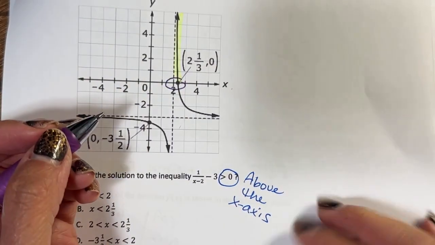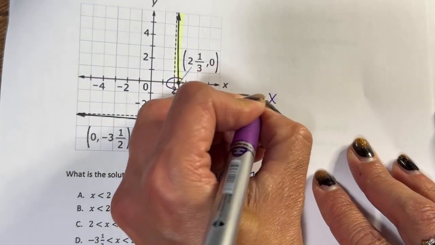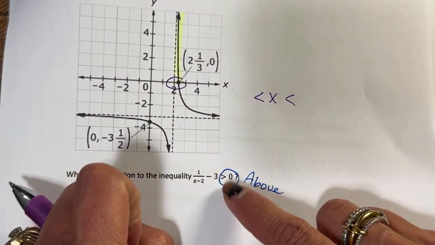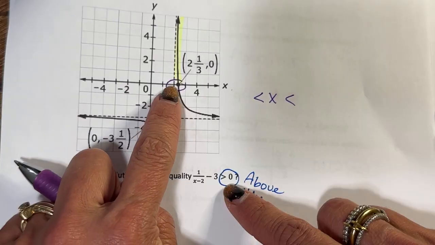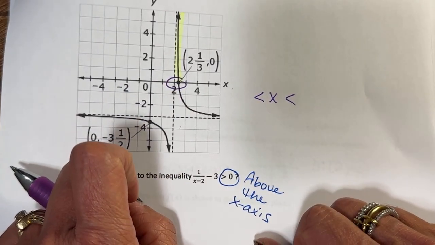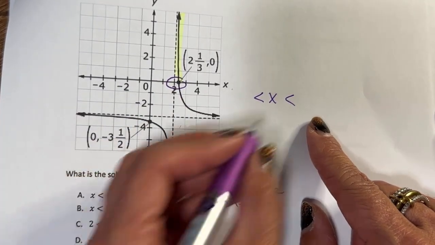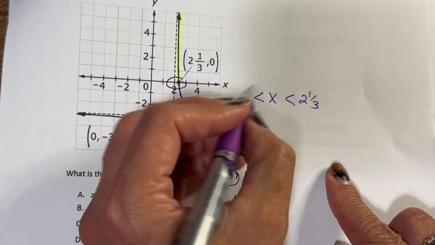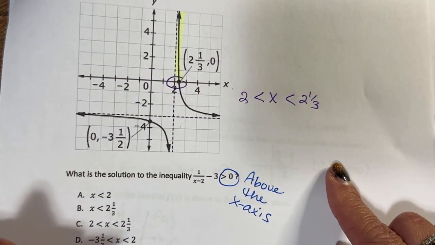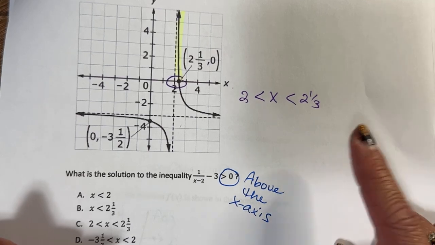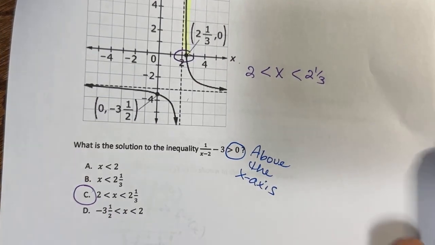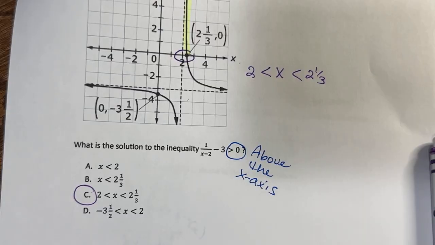Okay, so that means this is an in-between statement. x is in between two things, and it can't equal either of these things because it can't be on the axis, and we can't equal an asymptote anyway. So the bigger number is the 2 1/3 because it's to the right. The smaller number is 2 because 2 is smaller than 2 1/3. So x is between 2 and 2 1/3. So the answer is C. And there really isn't much else to do with that.